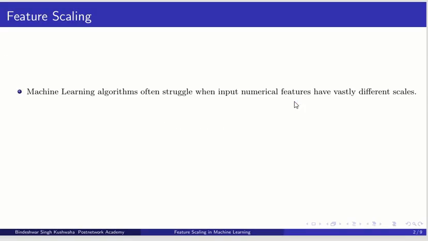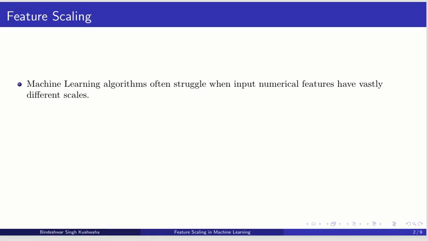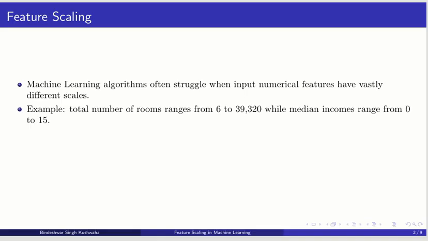Machine learning algorithms often struggle when input numerical features have vastly different scales. For example, total number of rooms ranges from 6 to 39,320, while median income ranges from 0 to 15.